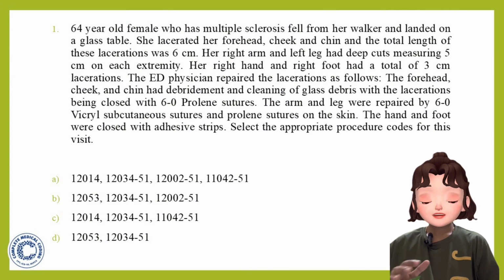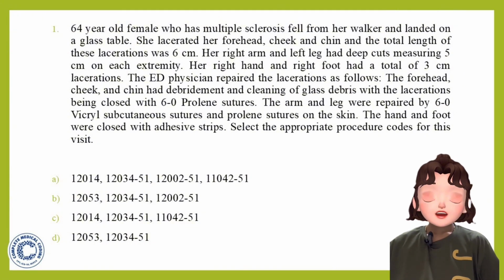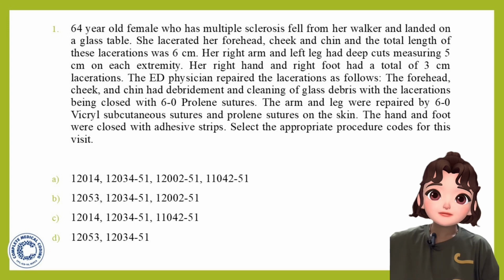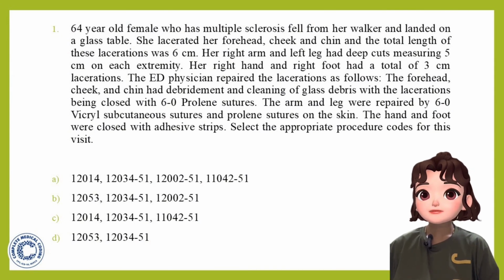The first option, first code, 12014. You can open your CPT code book and go to 12014. Simple repair of superficial wounds of face, ears, eyelids, nose, lips, 5.1 cm to 7.5 cm.